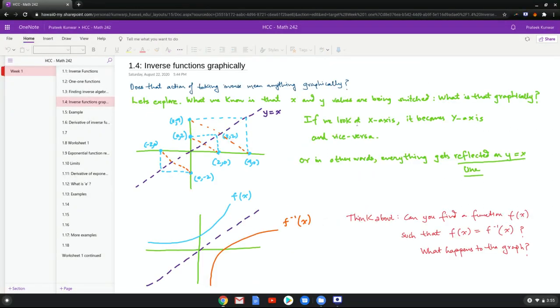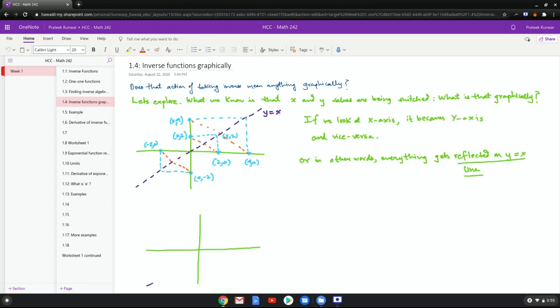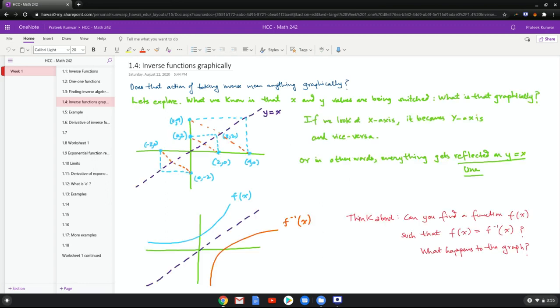Let's look at it graphically now. Before we learn how to find it graphically, what does the action of taking an inverse mean graphically? What we do know is that finding the inverse is switching x and y. So what does that mean graphically? In this graph, I'm going to look at the x-axis, the points (2, 0), (4, 0), or (-2, 0).